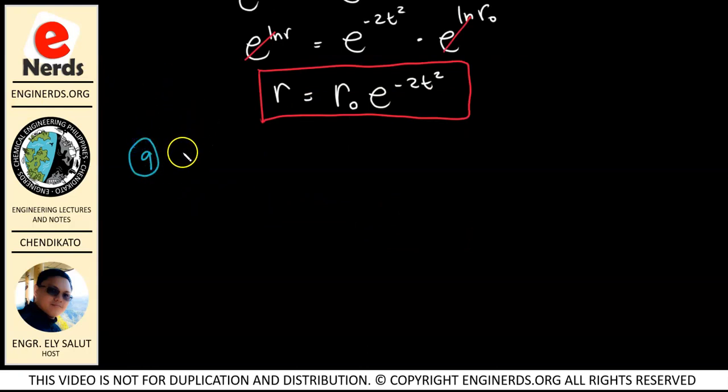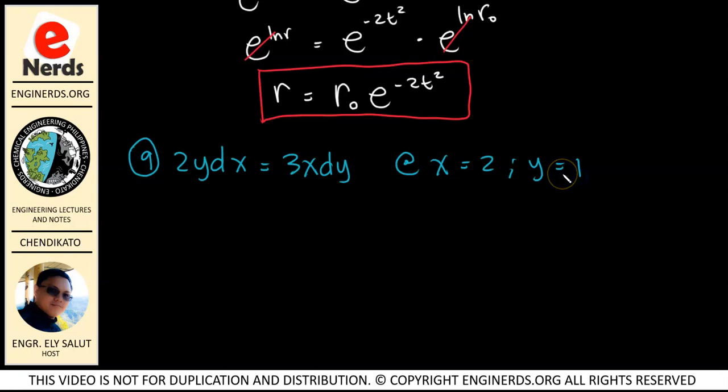So, in problem number 9, we have 2y dx is equal to 3x dy. Okay, so again, at x is equal to 2, our y is equal to 1. So, dahil given uli yung x and y natin, we expect that we are going to have a particular solution in here, right? So, first things first, pagsasamahin natin yung x and dx and y and dy.